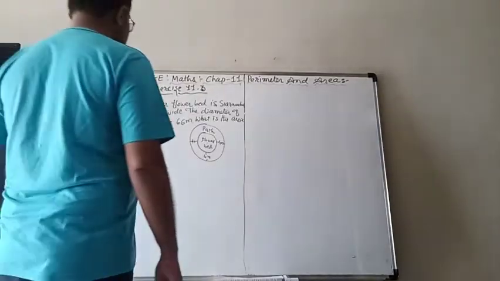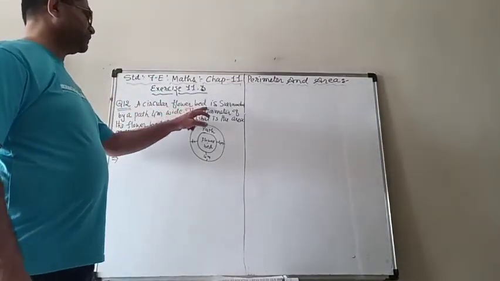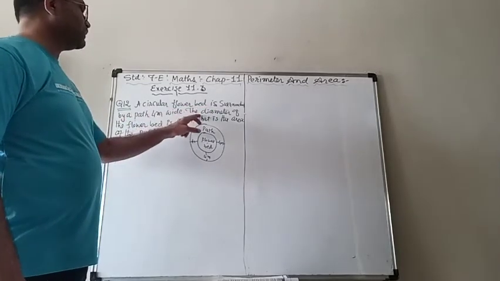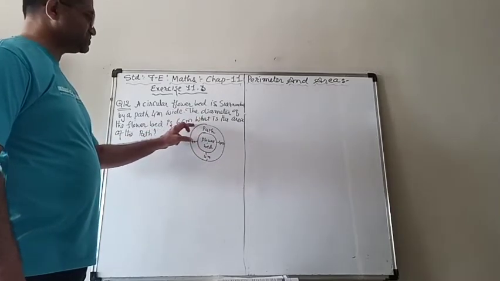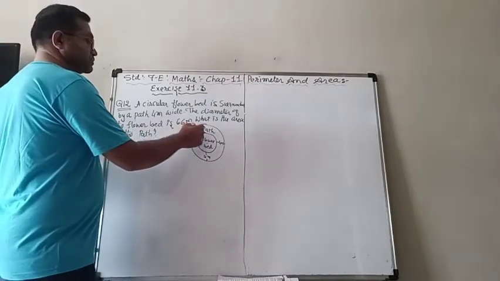Now the 12th question. A circular flower bed is surrounded by a path 4 meter wide. The diameter of the flower bed is 66 meter. What is the area of the path?